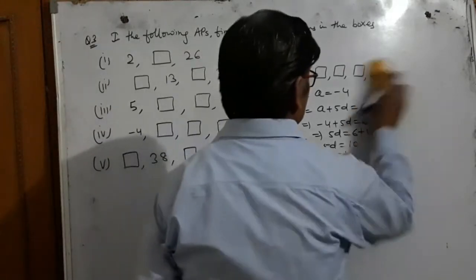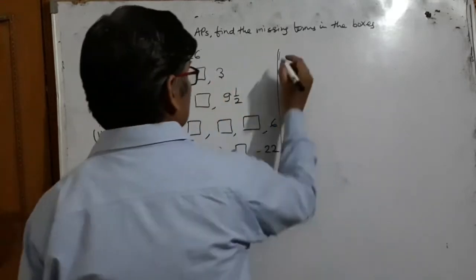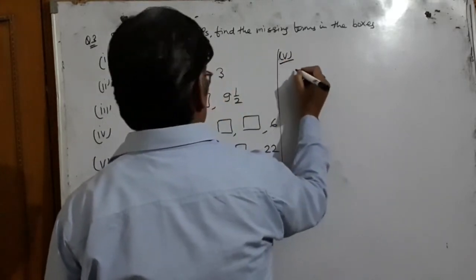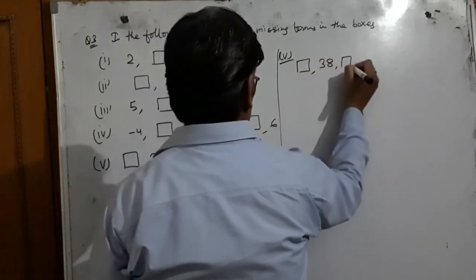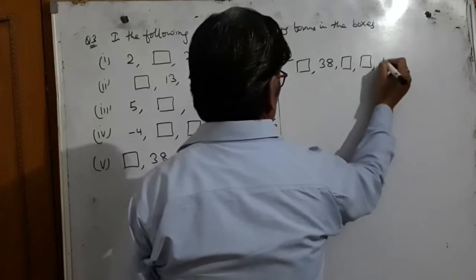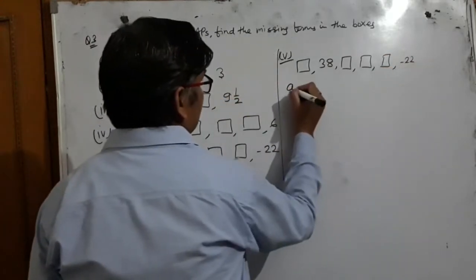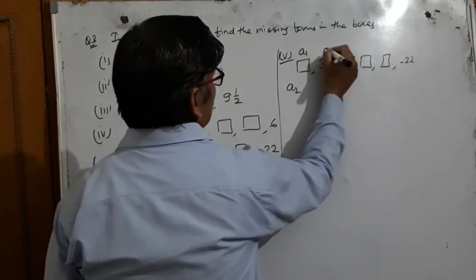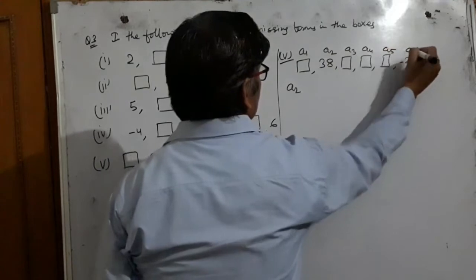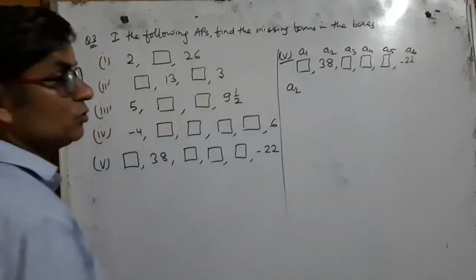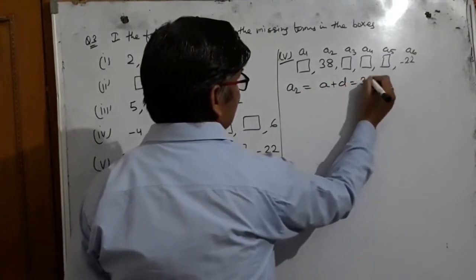Now the last part. This is A1, A2, A3, A4, A5 and A6. A2 equals A plus D, which is 38.